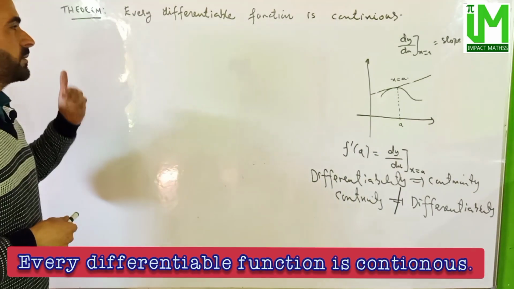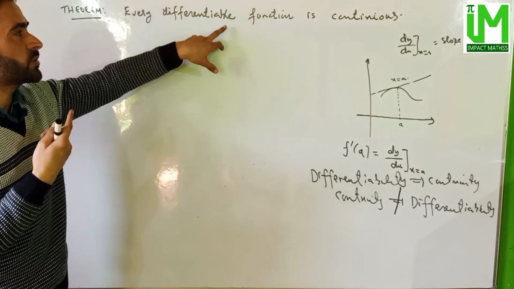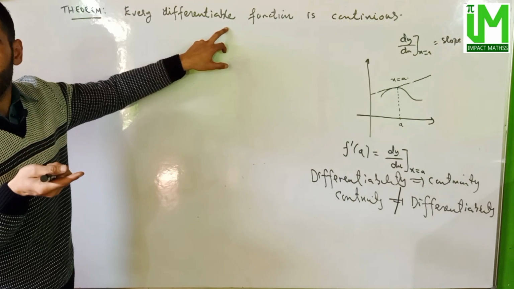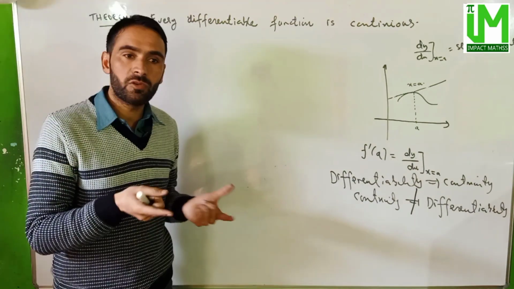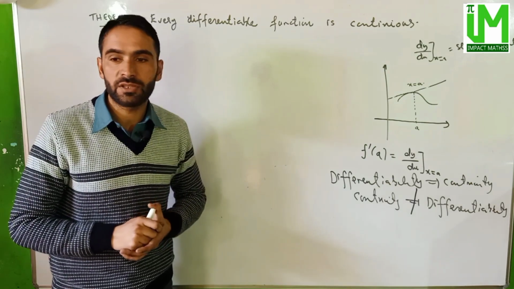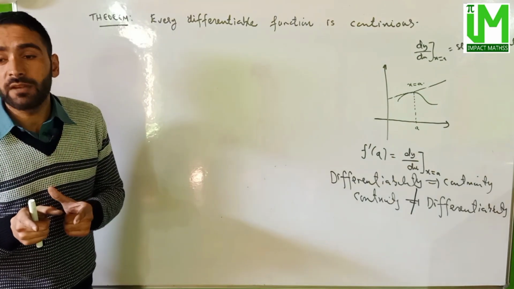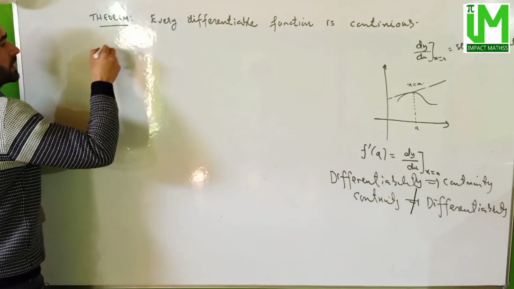To be more specific, we can write: if a function is differentiable at a particular point then it is continuous at that point. So as an alternate statement, we can say that if a function is differentiable at a single point, it will be continuous at that very point.